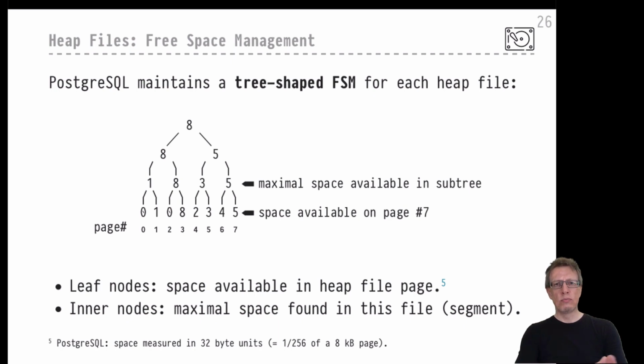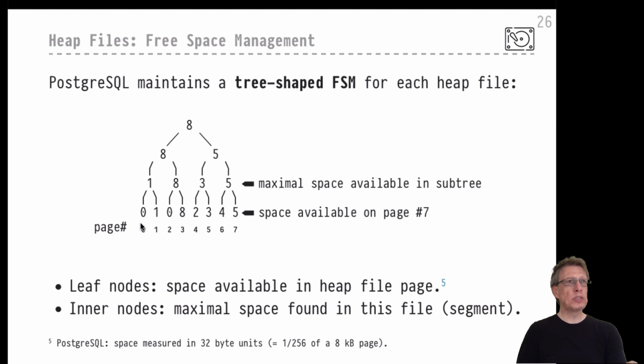There's one particularly simple, but I think quite clever implementation of this free space map inside PostgreSQL, and it's actually organized as a kind of tree. These are the leaves of this particular tree, they represent the individual pages in my heap file.